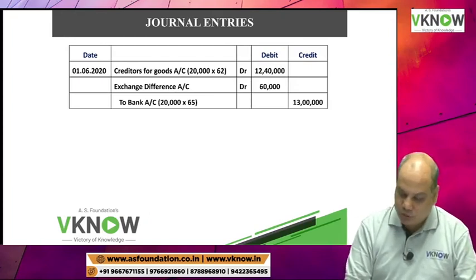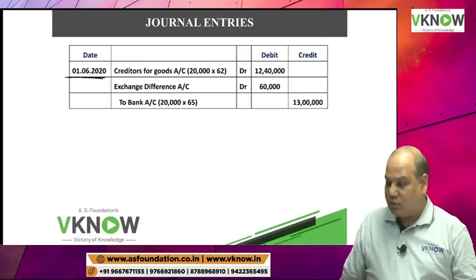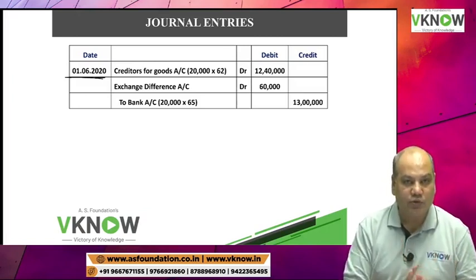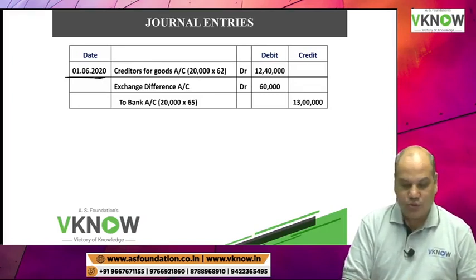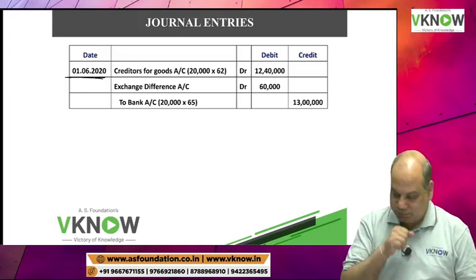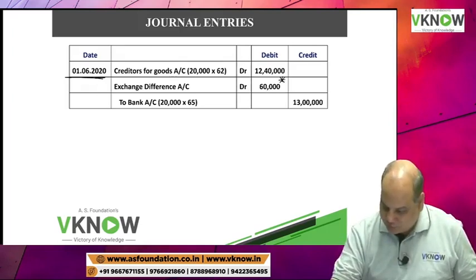So write down 1/6/2020. Continuously pay attention. Creditor for goods account debit. We are paying only $20,000 into 62, that is 12 lakh 40,000. Exchange difference account debit 60,000. This is the balancing figure.